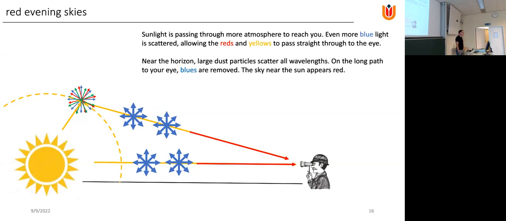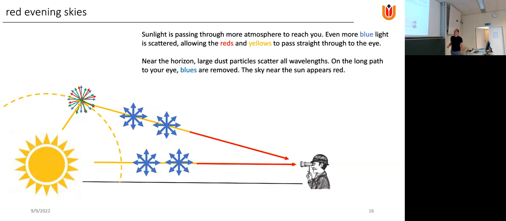Here is then your evening sky or your morning sky. One effect is that the distance from the sun to your eyes at the horizon is now pretty long, which means that if you look directly at the sun, the blue light is still scattered out. So what remains are the red lights. That's why it looks reddish.